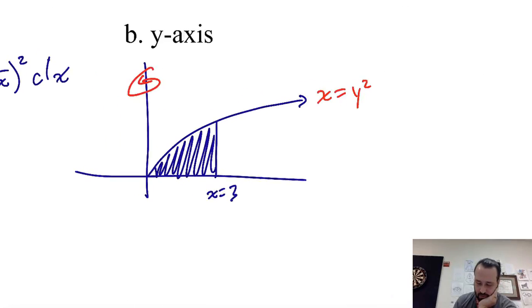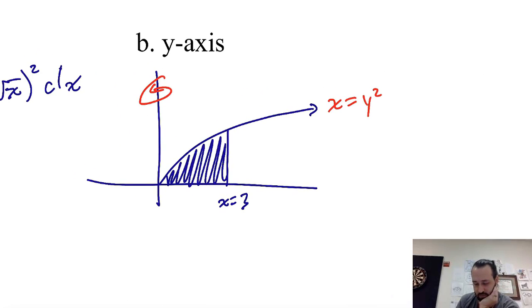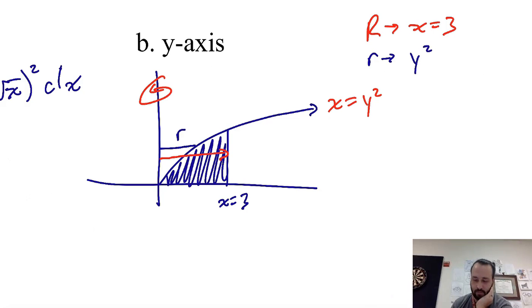But the important thing here is to realize, what is the big radius? Well, the big radius is x equals 3. And the little radius is my function height. So the little radius would be y squared.